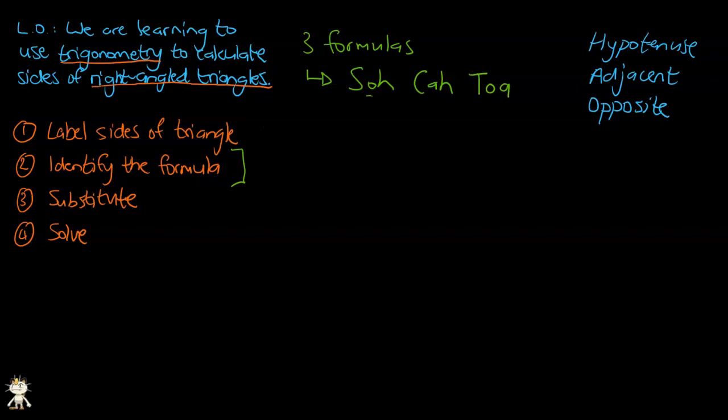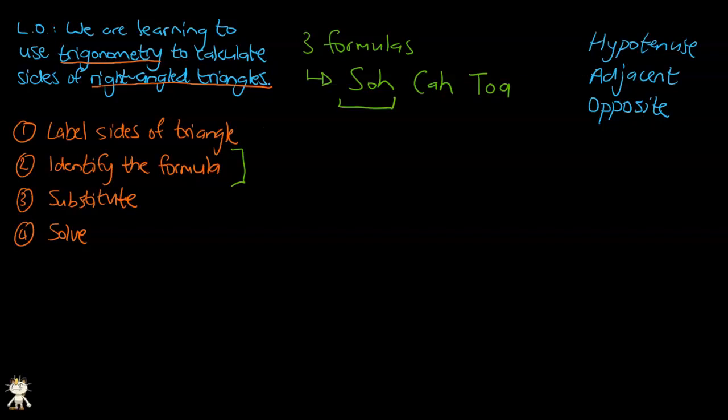And you'll notice the last two letters of each of them, OH, that refers to the opposite and the hypotenuse. You've then got AH, which refers to the adjacent and the hypotenuse. And then you've got the OA, which refers to the opposite and the adjacent. So depending on the sides of the triangle you've got, that's what formula you're going to use.